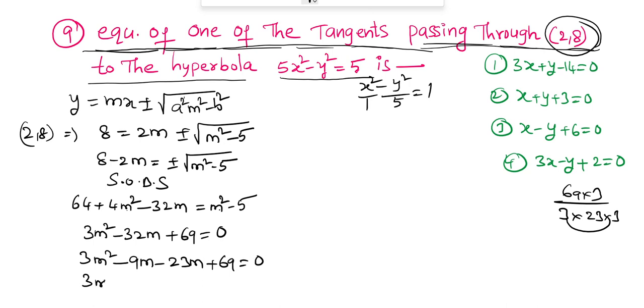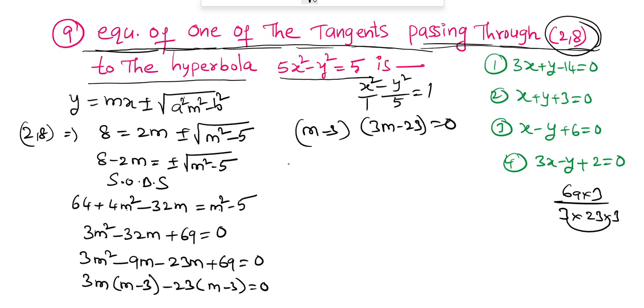From this, take 3m common: 3m(m − 3) − 23(m − 3) = 0. From this, (m − 3) is common, and (3m − 23) = 0. From this, m = 3. The slope of that tangent line is 3, and the point it passes through is given as (2, 8).